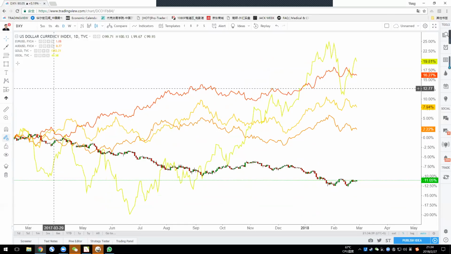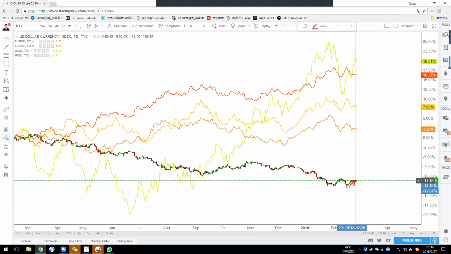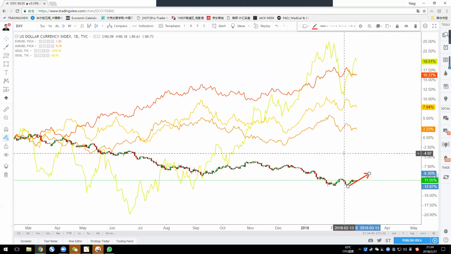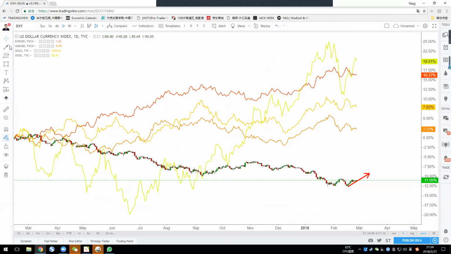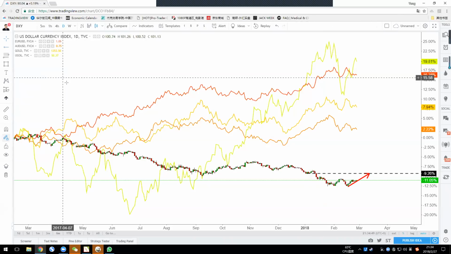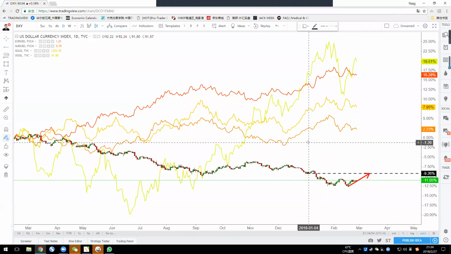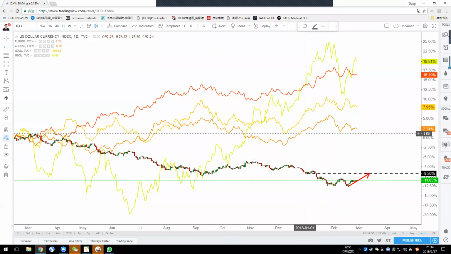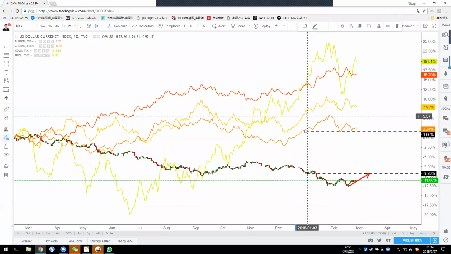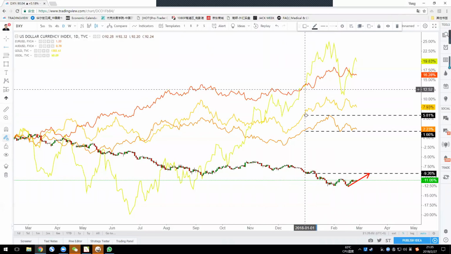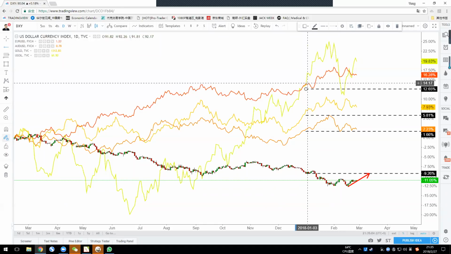Okay, so if the DXY is going up, and we are using the same structural analysis, if the DXY rises to here, I think for the other pairs you can find the same timeline here. These are the places for the other currencies to drop.